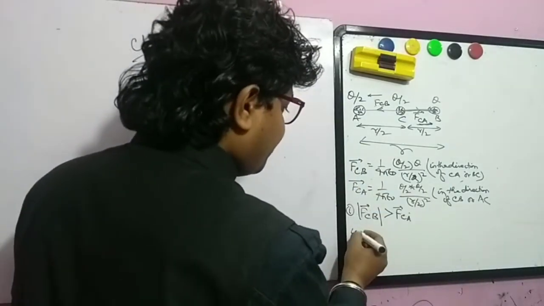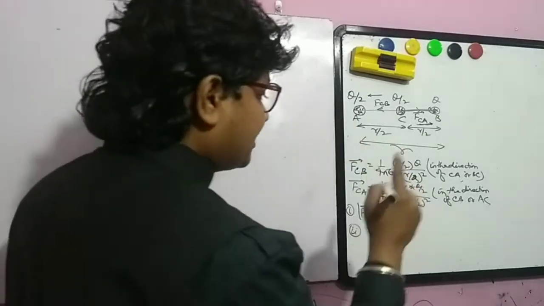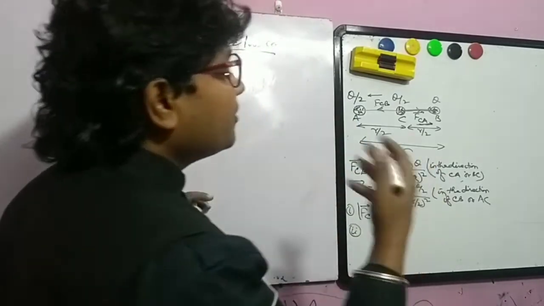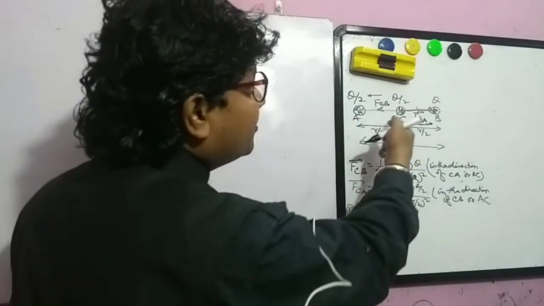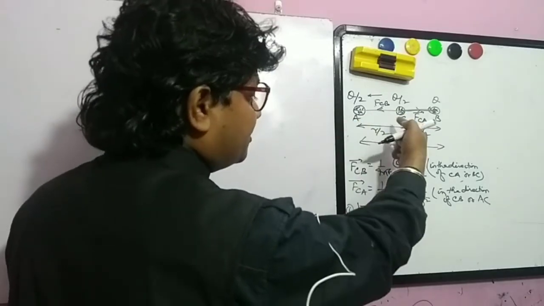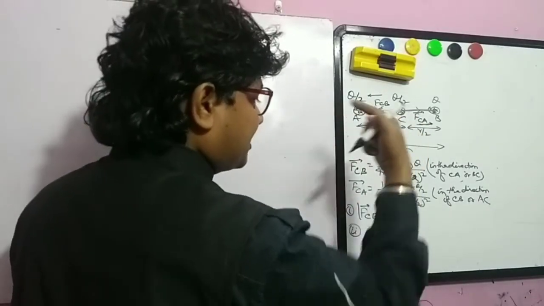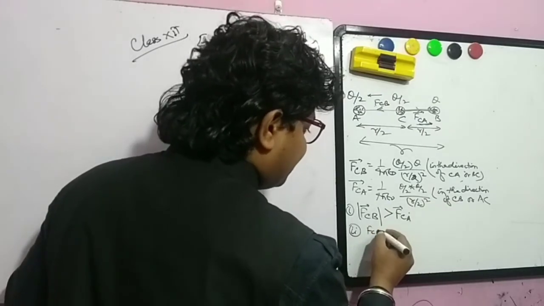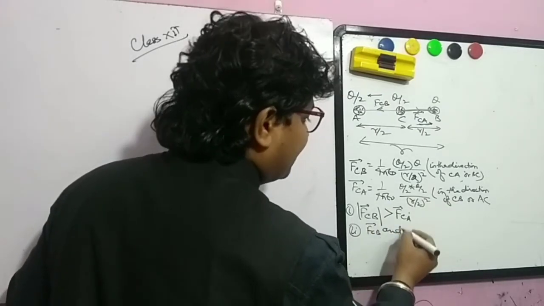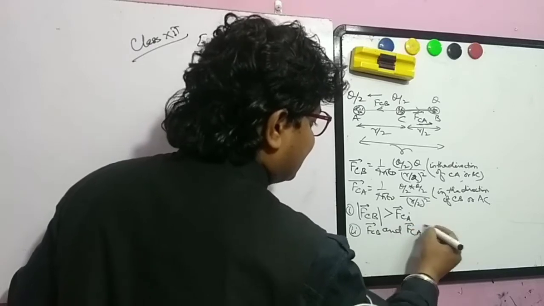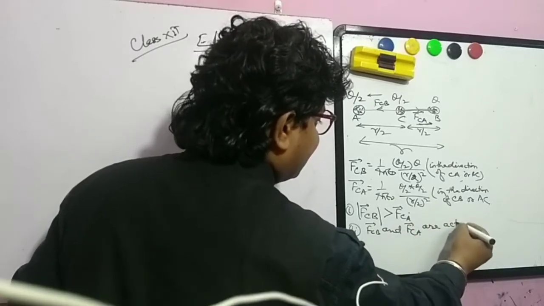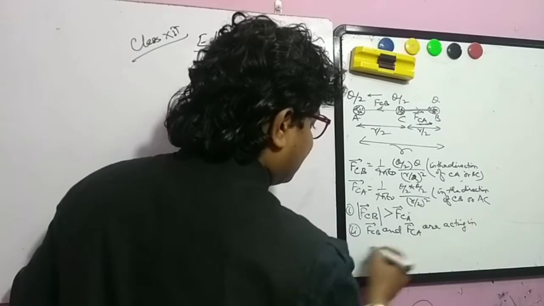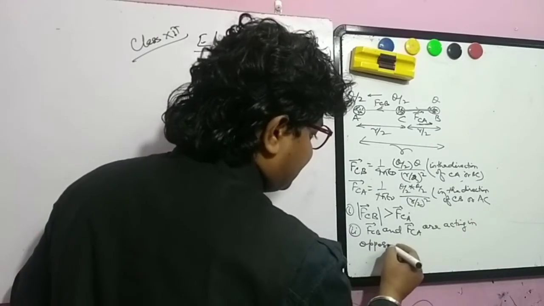And the second important point is the direction. The direction will be towards CA, because FCB is greater. So FCB and FCA are acting in opposite directions.